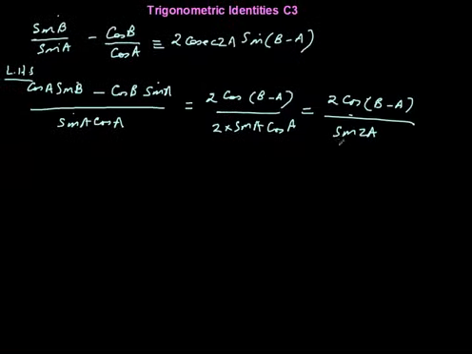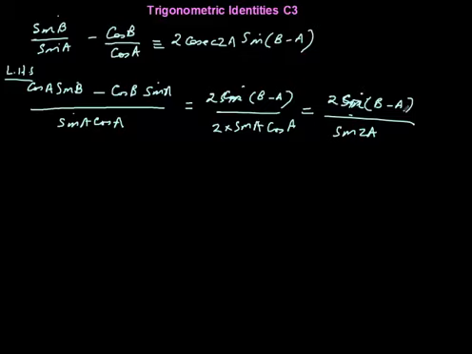Now sine of 2a. If I look at my identity, what I need to prove is 2 cosec 2a sine of b minus a. The numerator, cos a sine b minus cos b sine a, is the sine addition formula.